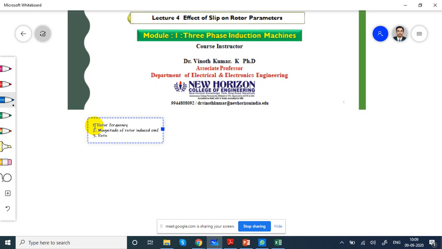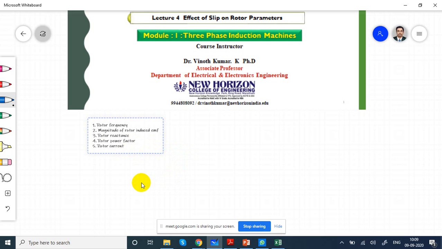Third parameter, rotor reactance. Fourth one, rotor power factor. Fifth one, rotor current. Okay, so these are the 5 parameters which we are going to discuss in this lecture.